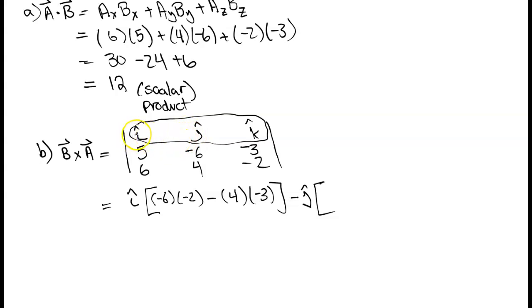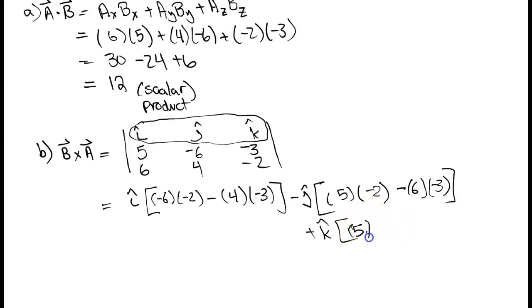If we cancel the row and the column where j comes from, we're left with 5 times negative 2 minus 6 times negative 3, and then plus k hat, ignoring the row and column where k hat comes from, we get 5 times 4 minus 6 times negative 6.